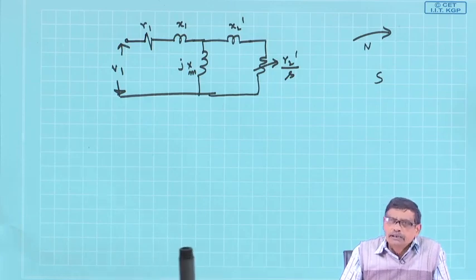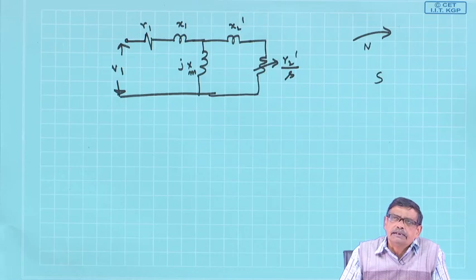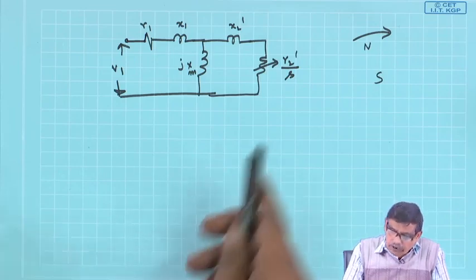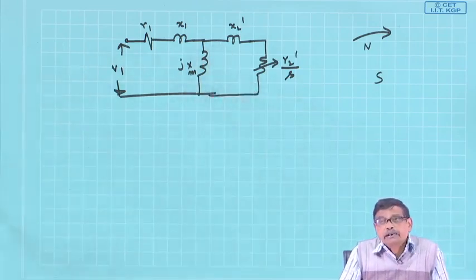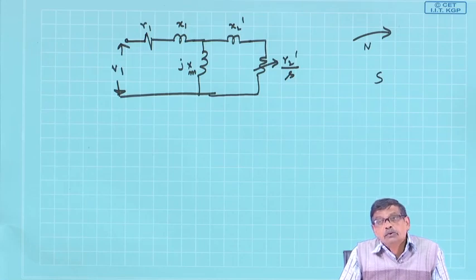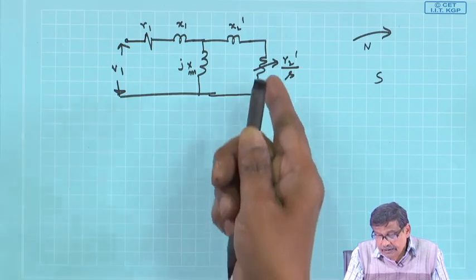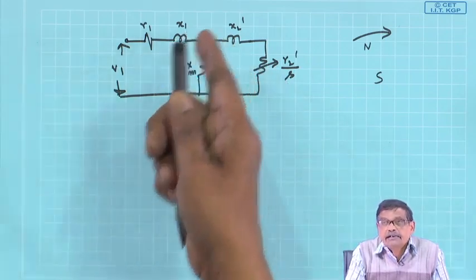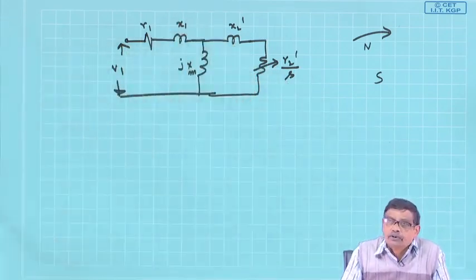So, my thought process is, let it be okay, some equivalent 3-phase winding is present, and R2 dashed and X2 dashed are respectively that equivalent per phase rotor resistance and standstill leakage reactance of the rotor.